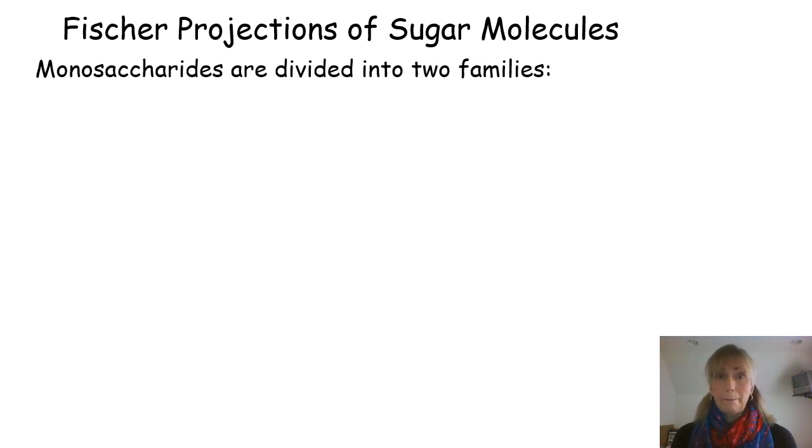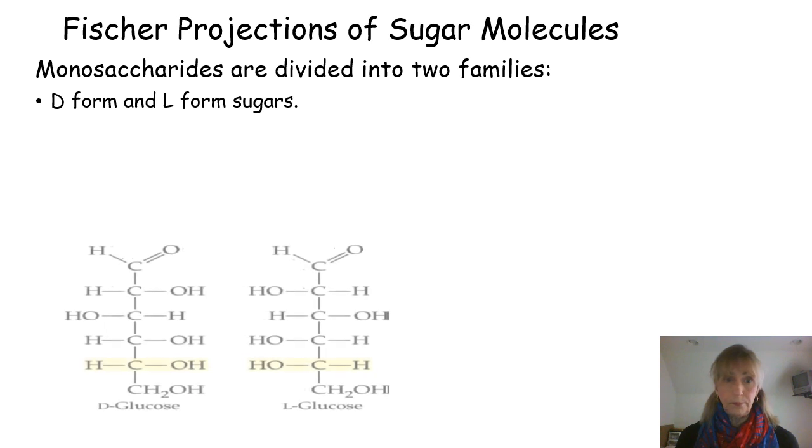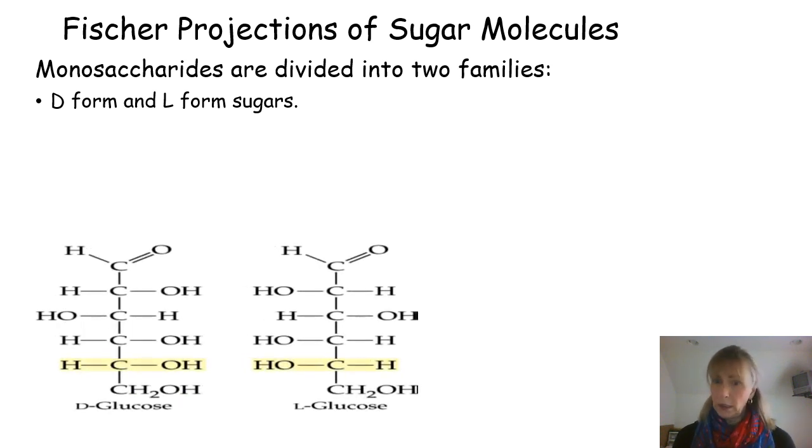Monosaccharides, in addition to the classifications according to functional group and number of carbons, are divided into 2 families: the D form and the L form of the sugars. For instance, here we have glucose again.